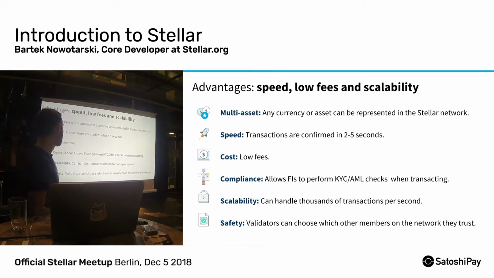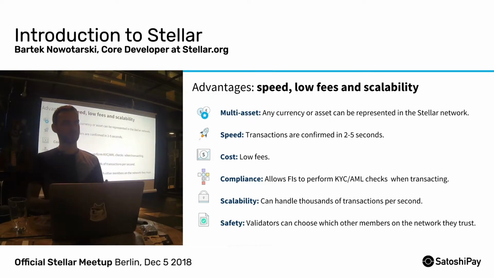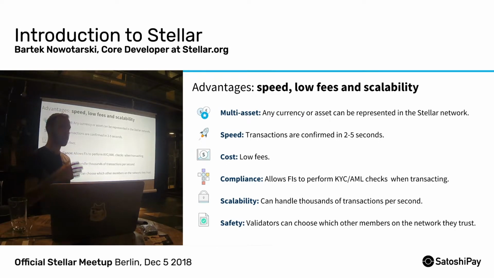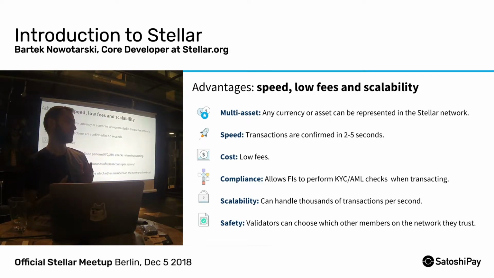And finally, safety. The SCP algorithm that is used in Stellar allows every node to use other nodes they trust. And it's actually very important in connection to recent events.